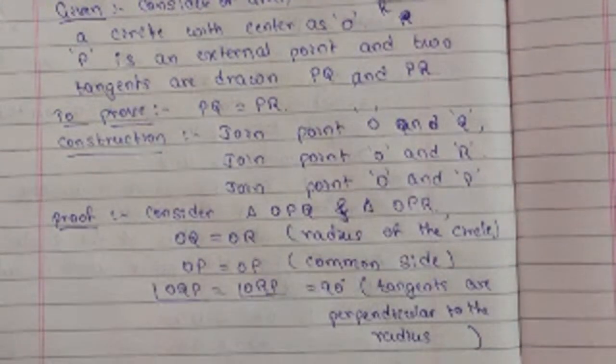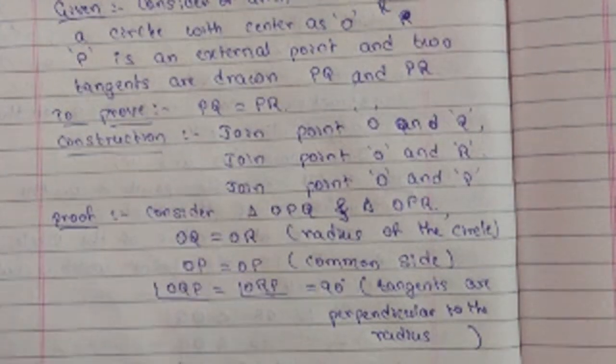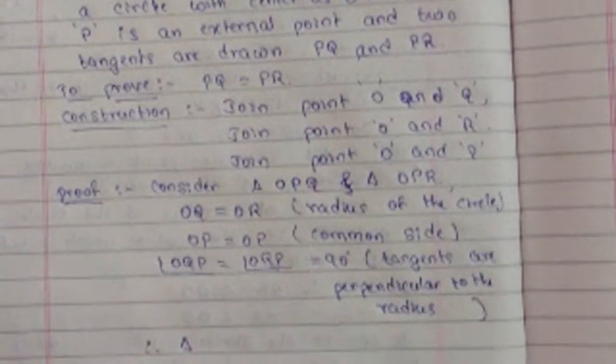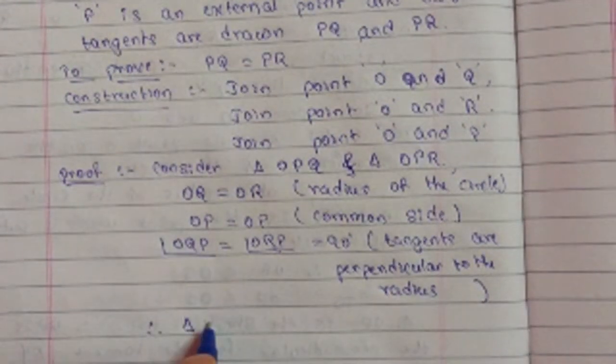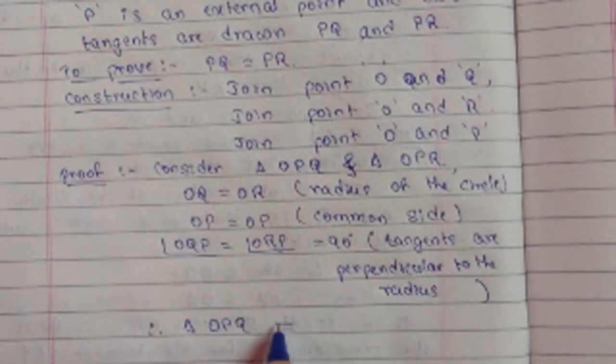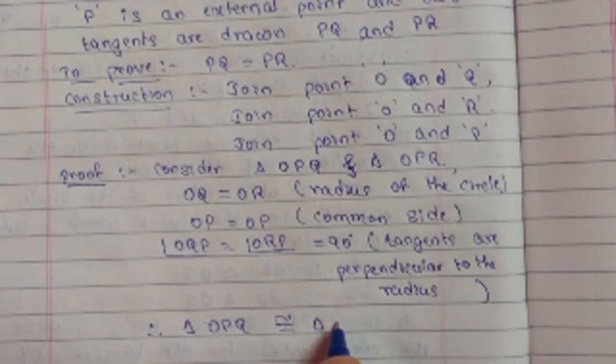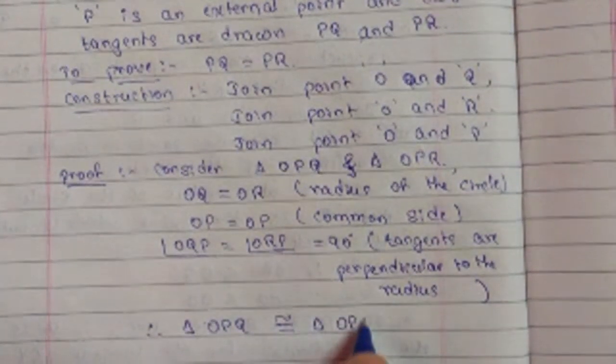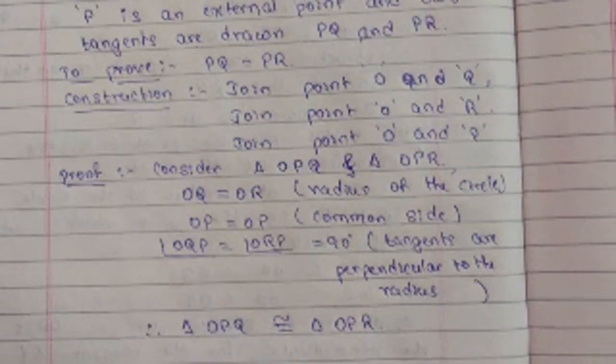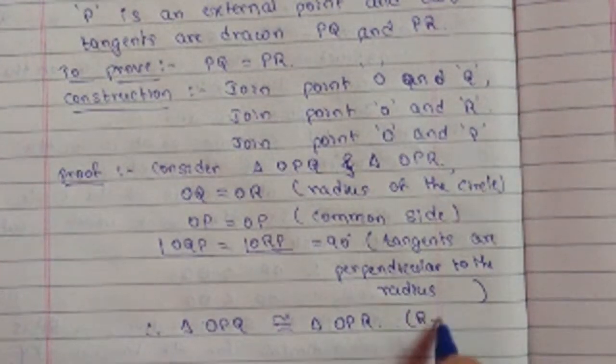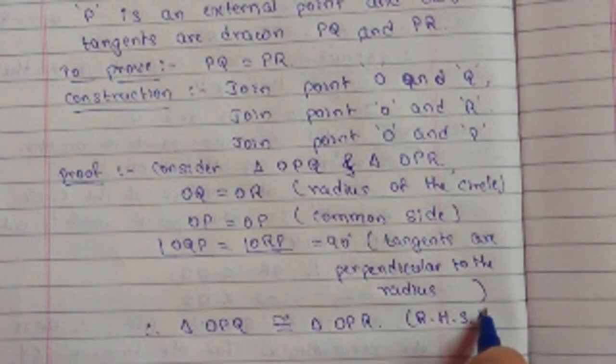So therefore triangle OPQ is congruent to triangle OPR. So which theorem? RHS theorem.